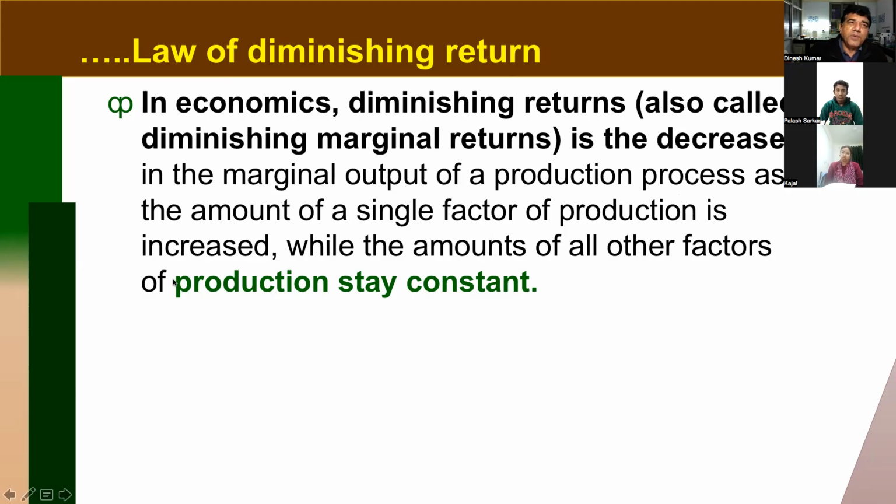Because of this increase, for certain number of values the marginal return will increase, and then after a certain point it will start decreasing, and it will continue to decrease if you increase the units of this variable factor continuously, and finally it will become negative. So this is how you can define the law of diminishing return.